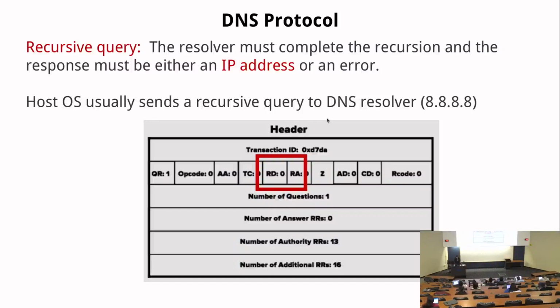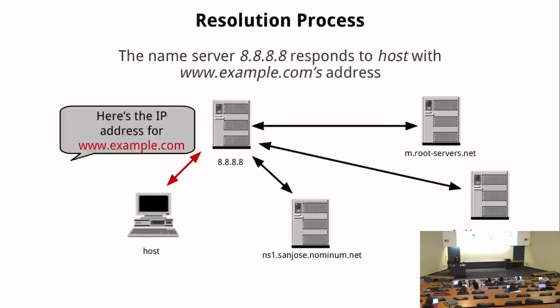Then let's say a host server can send a recursive query to the resolver. The resolver should either give an IP address for whatever domain name you're asking, or just give an error. Okay, so let's say we have Google's DNS server here.